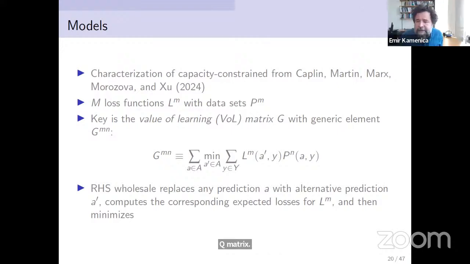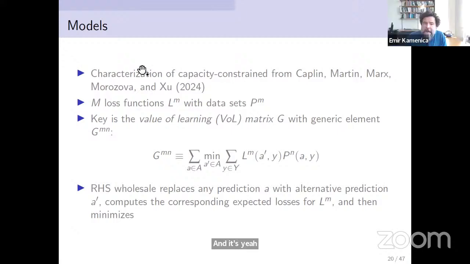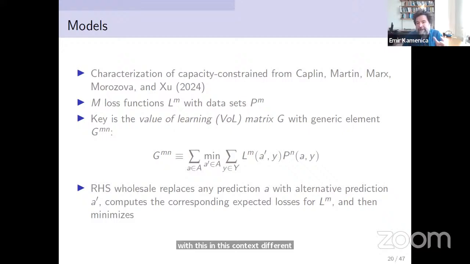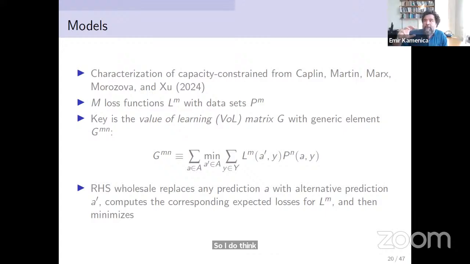Andy, can I interrupt you there? Yeah. I think you're maybe not advertising this as compellingly as you could, because in this context you could have done different choice sets, different menus. You could have varied the data, keeping the utility function fixed. But it is a rather conceptual leap, and I think a notable one worth shining a brighter light on.